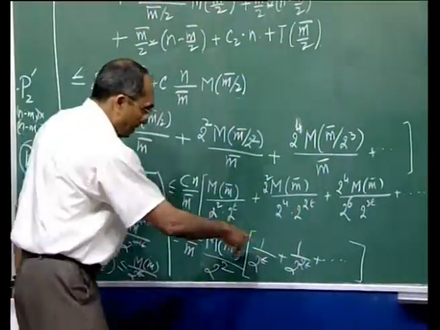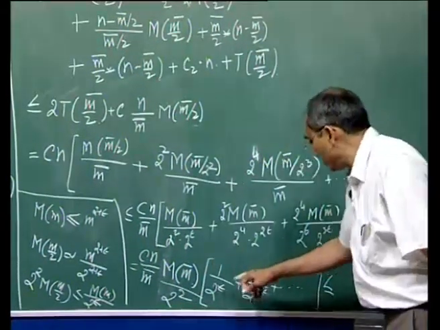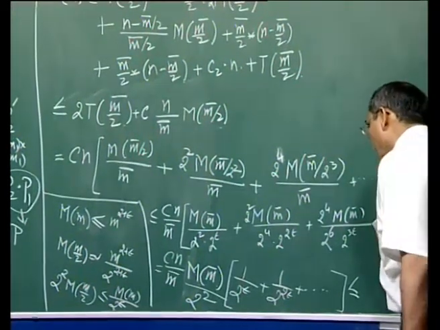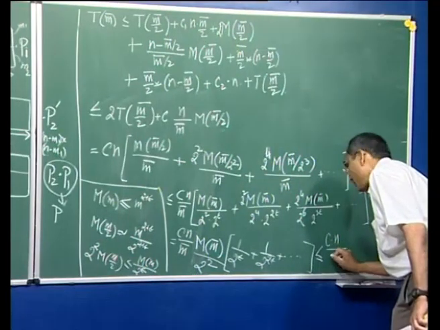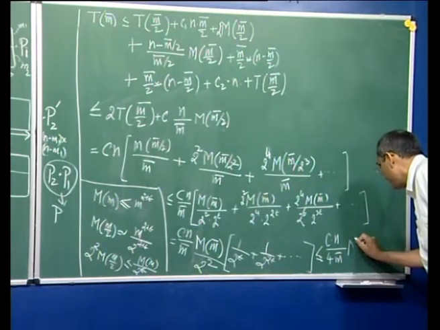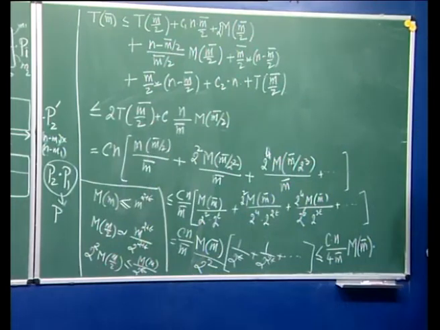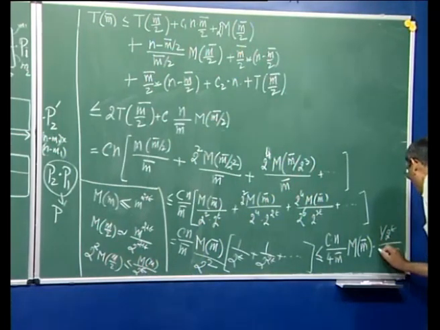So this is less than or equal to 1 over 2 power epsilon divided by 1 minus 1 over 2 power epsilon. So we have C times n over m bar, M of m bar, times this constant: 1 over 2 power epsilon over 1 minus 1 over 2 power epsilon.